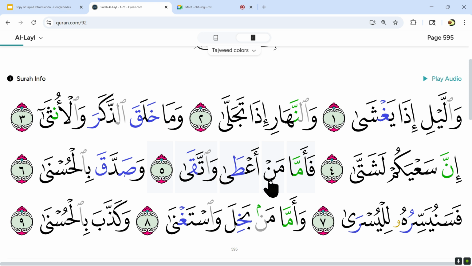Why was the noon clear right here? Because of the rule that wants you to pronounce the letter clearly, which letter is here? The one with the hamza. Yeah, it's going to be Ithar. Okay, so we pronounce it clearly.